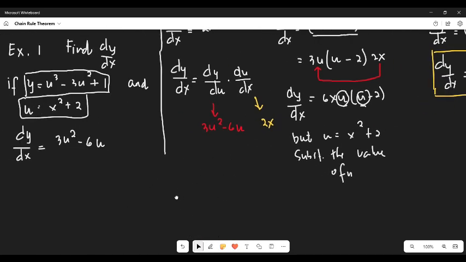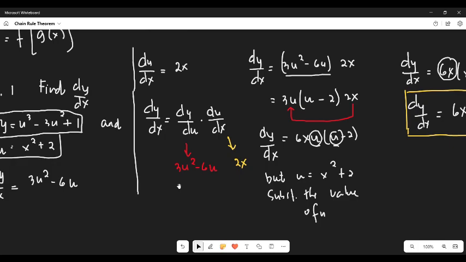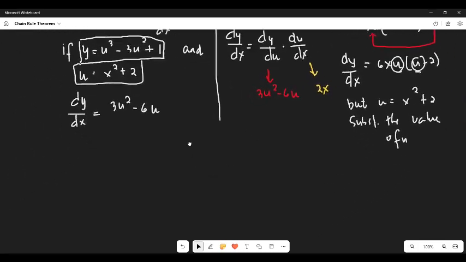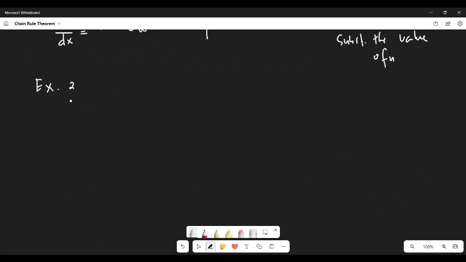Now we are going to example number 2. For our example number 2, the problem is if y is equal to u squared plus 1 and u is equal to 3x minus 2.